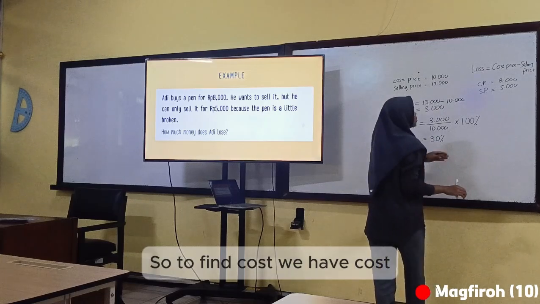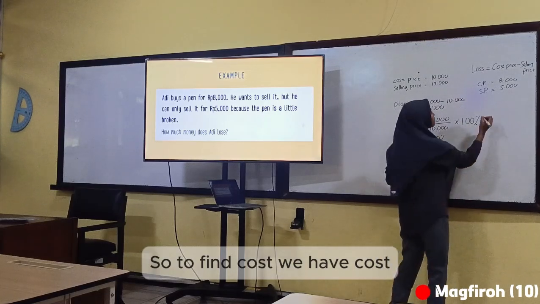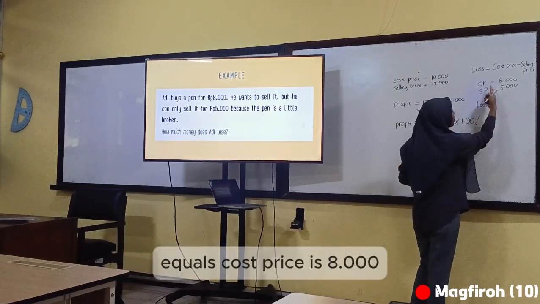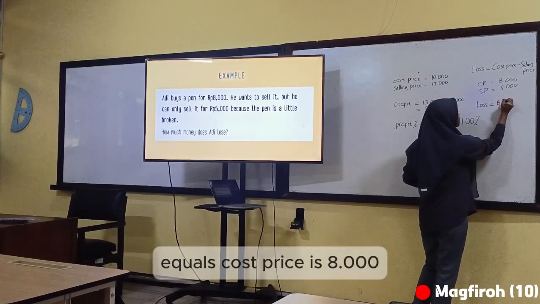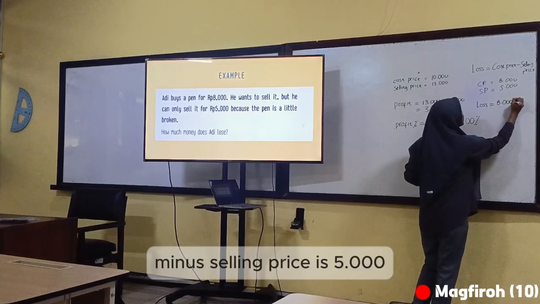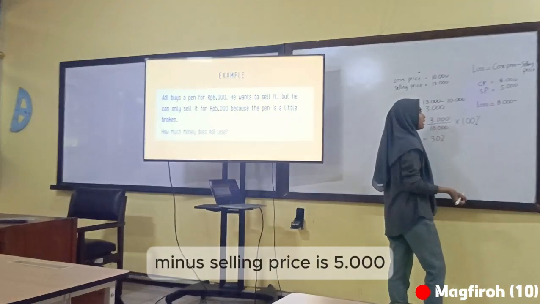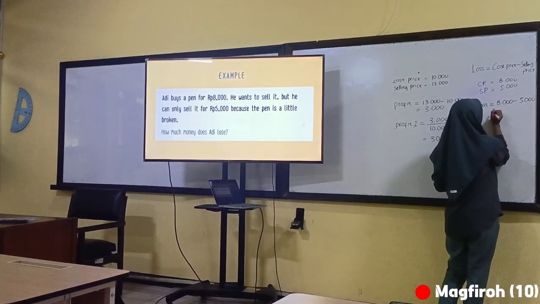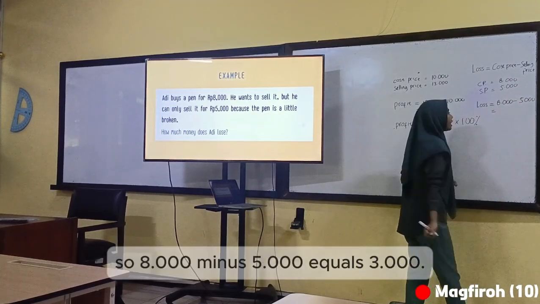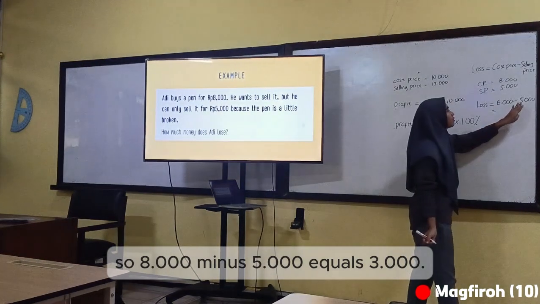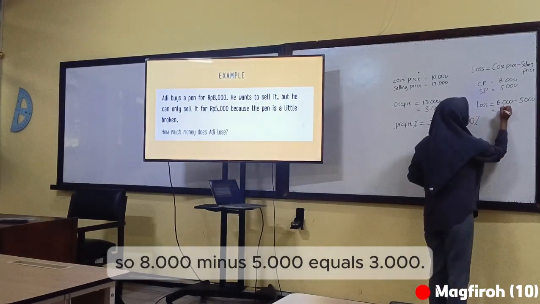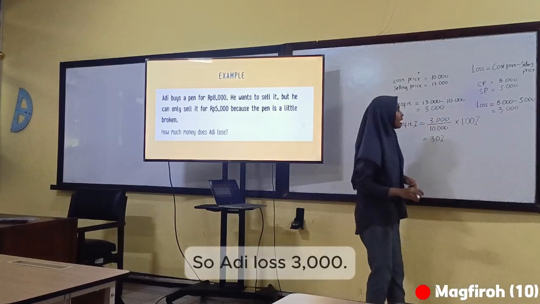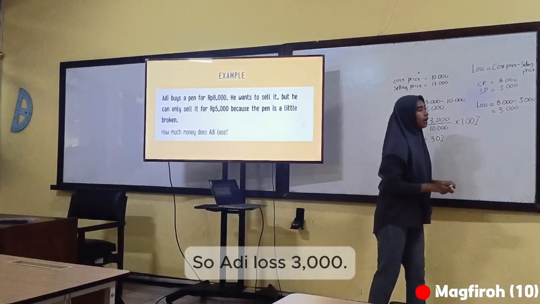So to find the loss, we have loss equals cost price, 8,000 rupiah, minus selling price, 5,000 rupiah. So 8,000 rupiah minus 5,000 rupiah equals 3,000 rupiah. So Adi loses 3,000 rupiah.